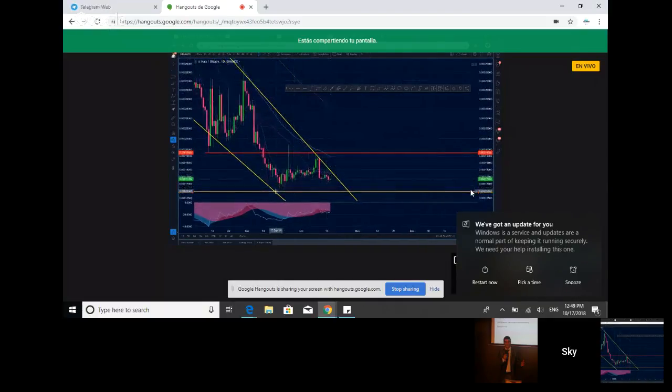And this support level of 16,000 is probably good support, but until the price is under this resistance trend line, it's not a very good investment.